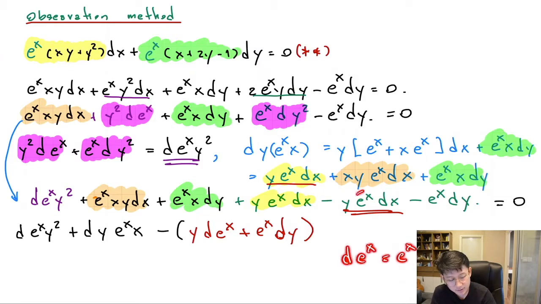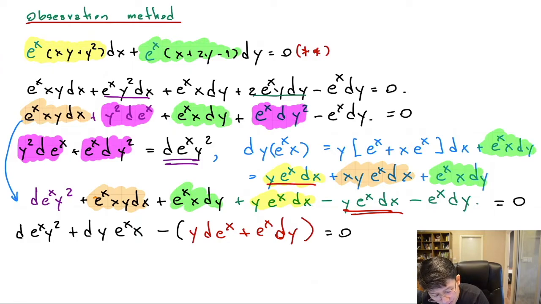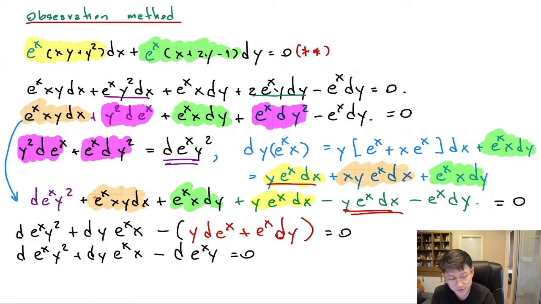So this is d of e to the x y, and that equals 0. So we have d of e to the x y squared plus d of y e to the x minus d of e to the x y equals 0, right? Because this is u dv plus v du, so we have d of uv.